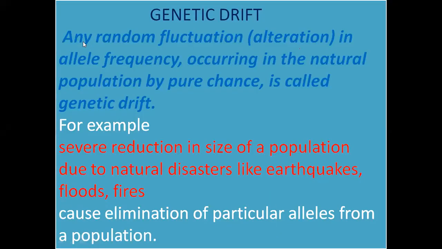Genetic drift. Any random fluctuation or alteration in allele frequency occurring in a natural population by pure chance, underline this sentence. By pure chance, it is called genetic drift. For example, the size of the population is severely reduced due to natural disasters.